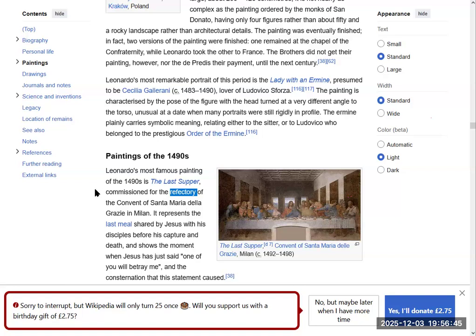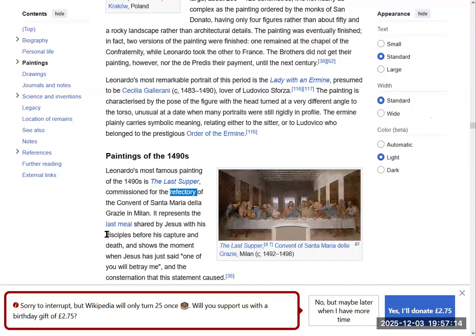So let me read that paragraph. Leonardo's most famous painting of the 1490s is The Last Supper, commissioned for the refectory of the convent of Santa Maria della Grazie, Milan. I tried to put a little bit of an Italian accent there, but it was terrible.